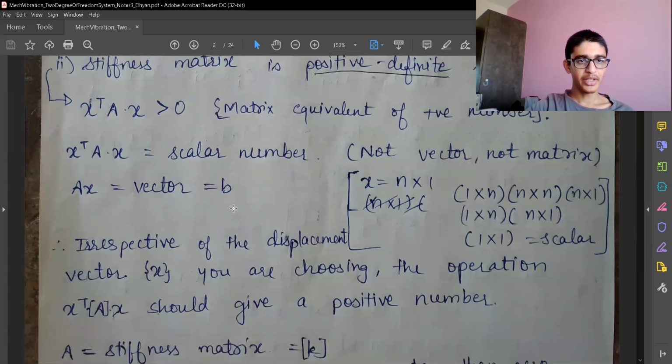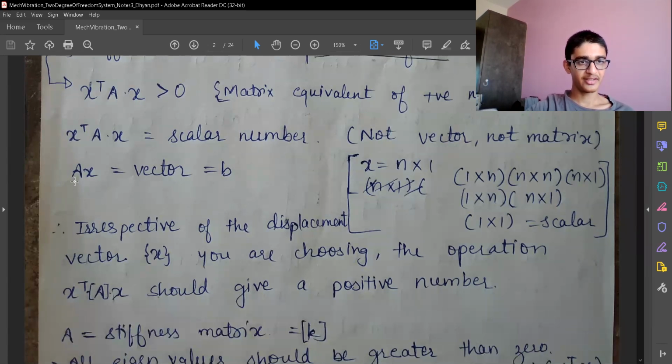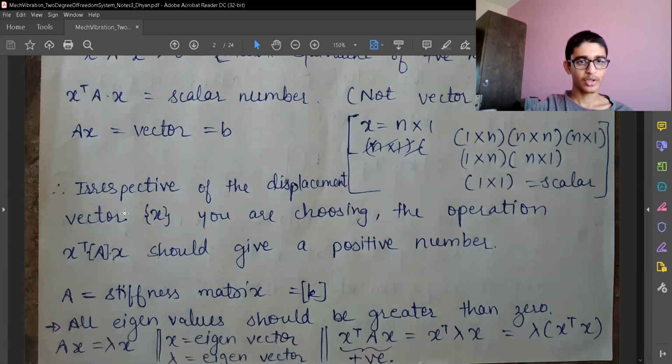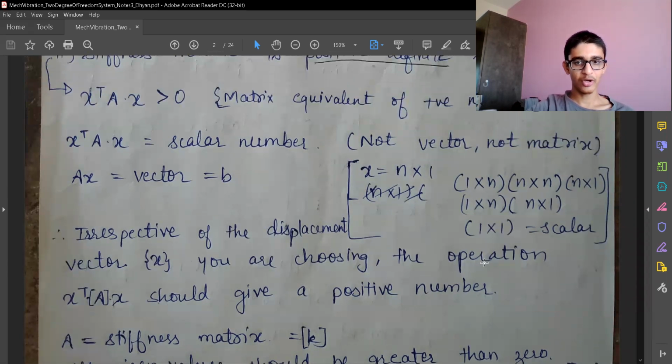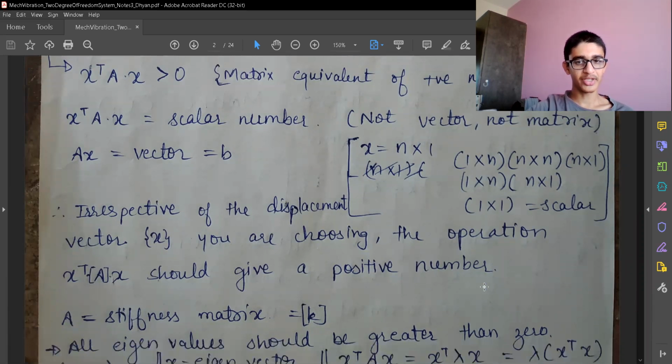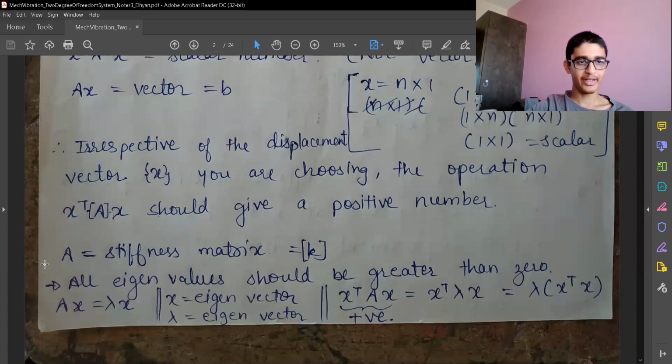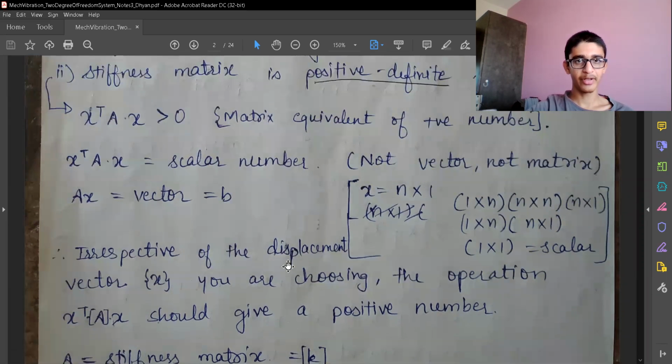So Ax is equal to B, where A is the matrix, X is the vector, and a matrix multiplied by a vector gives me a vector. Irrespective of the displacement vector X you choose, the operation X transpose A X should give a positive number. And A is the stiffness matrix K over here. So all eigenvalues should be greater than 0 for a positive definite matrix.